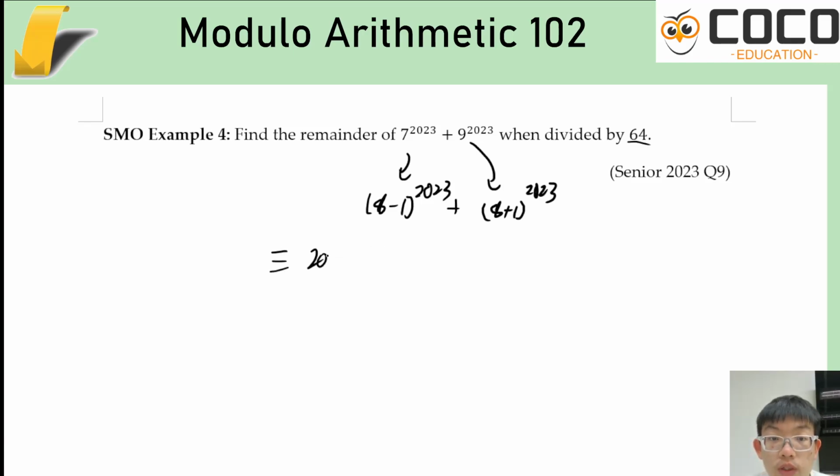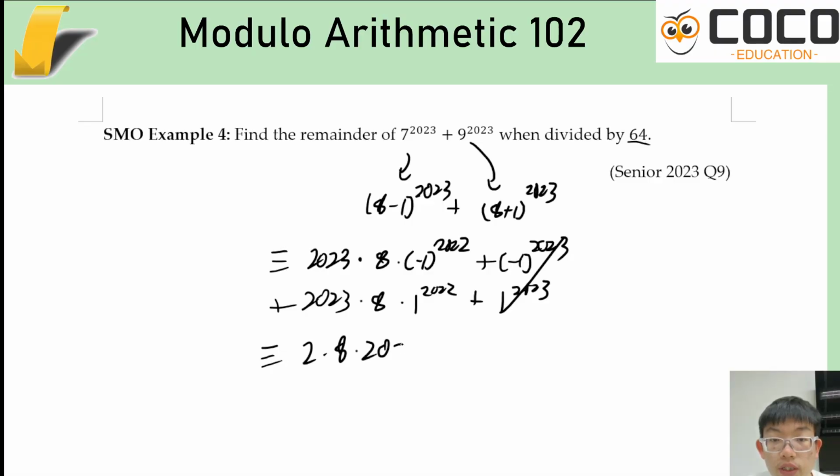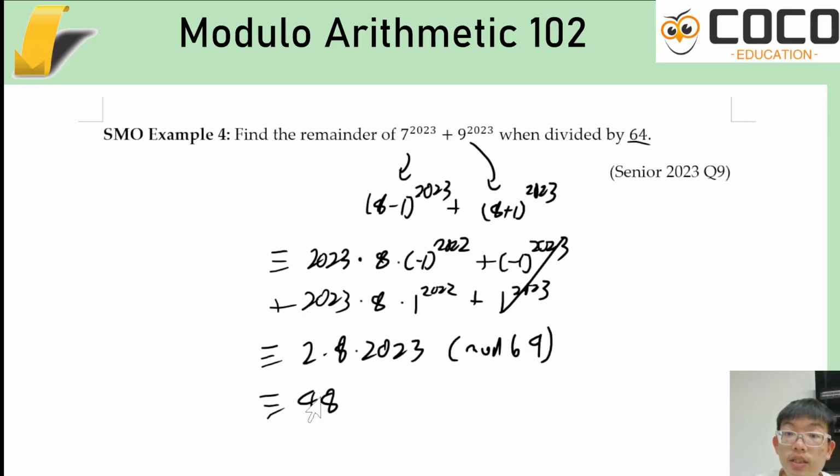So you only would need to handle the last two terms of each of these. These cancel off, and so you really just have got 2 times 8 times 20, 23 mod 64, which would reduce to 48. So there are exceptions when we are using modular arithmetic on non-primes.